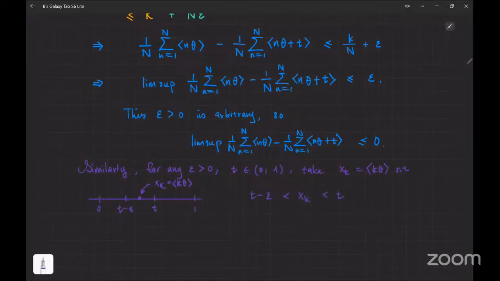Okay, so can we reconstruct this argument? Let's see.